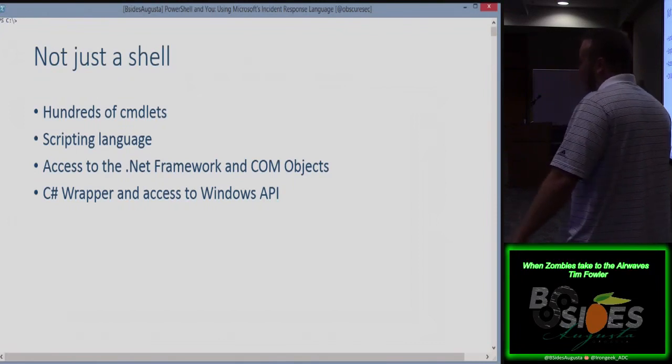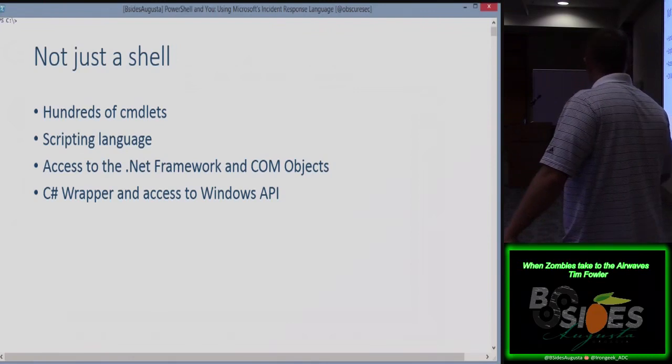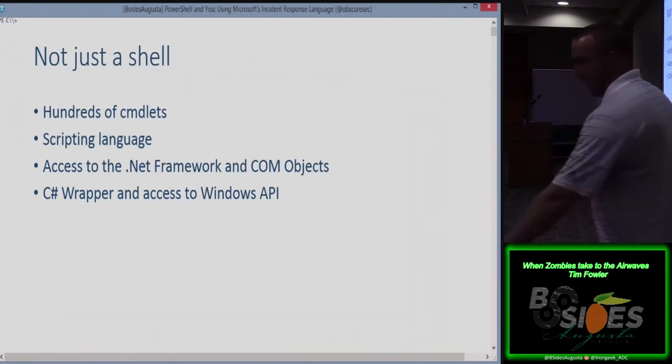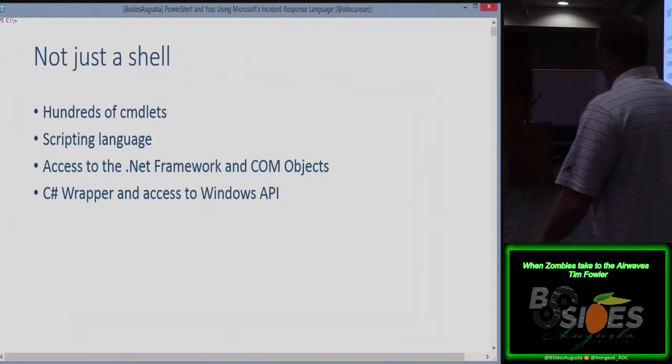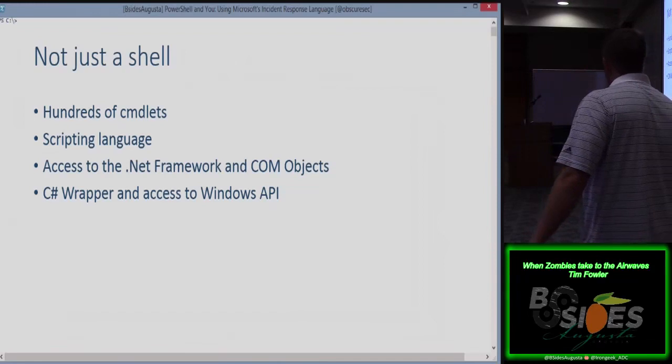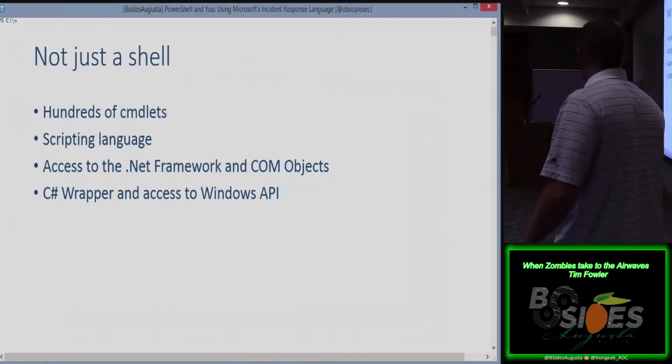It's also its own scripting language, and this rubs people the wrong way. It's very different, which we'll talk about, from other scripting languages. It does give you access to the .NET framework and COM objects. So if you use VB, you can jump right into the COM objects.